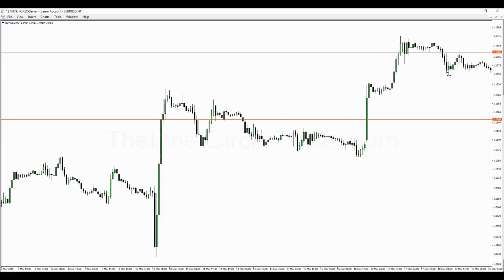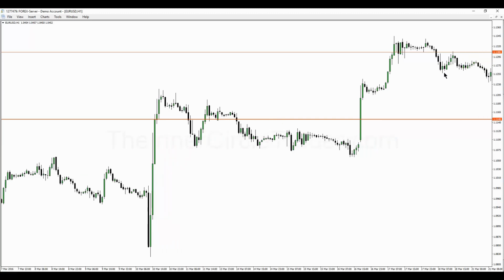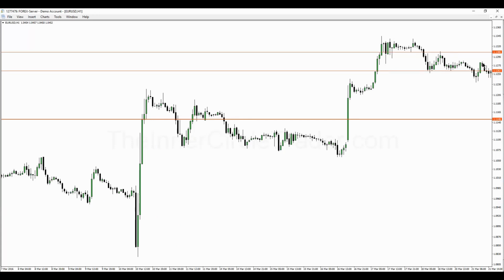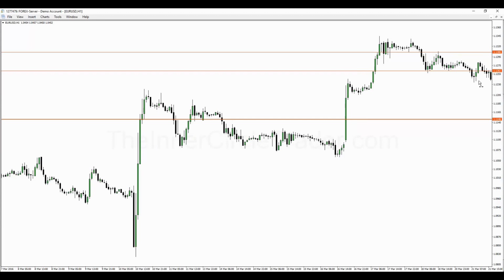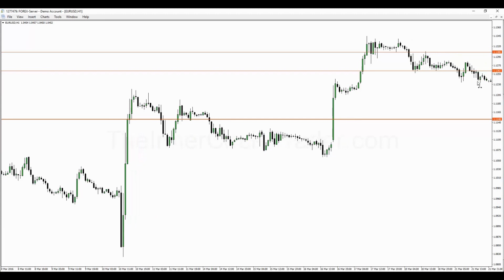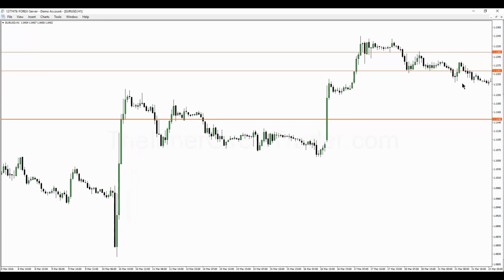It sells off, breaks this low here, so the last down candle on this move is there. Once price trades back up, that's a sell right in here. It overshoots it by a little bit, but nonetheless it breaks lower right here. So now our attention is on this low.